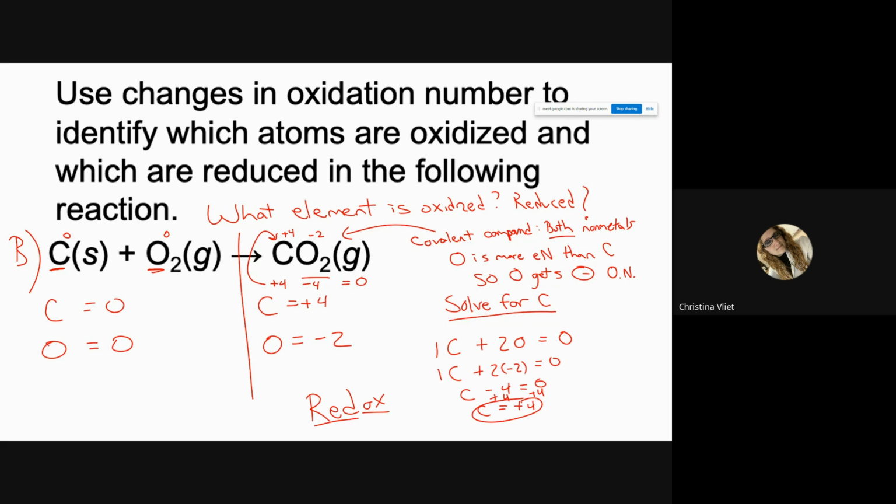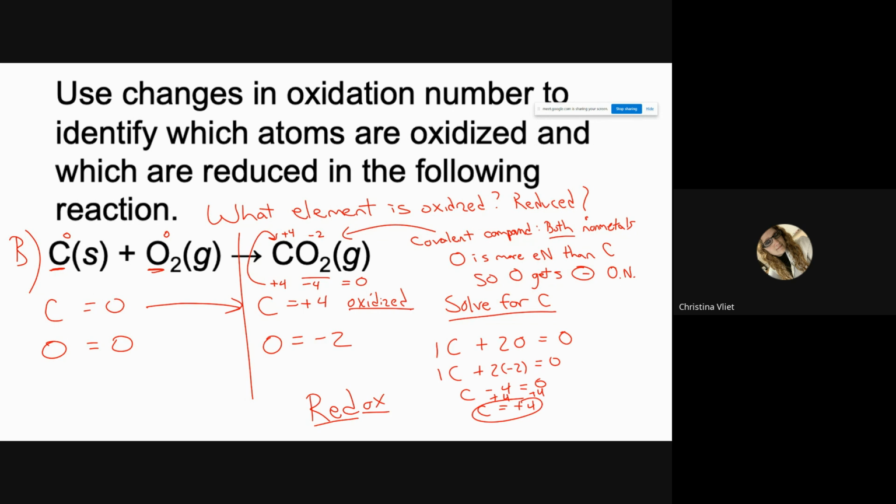So this is the element that is oxidized because the number goes up from 0 to 4. We're looking at what happens from the reactant side to the product side. Because 4 is a more positive number than 0, it has been oxidized. And then for oxygen, it goes from 0 to -2.